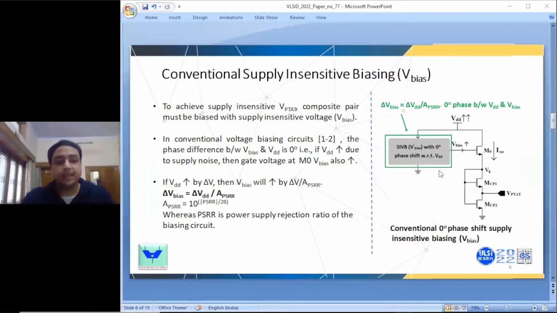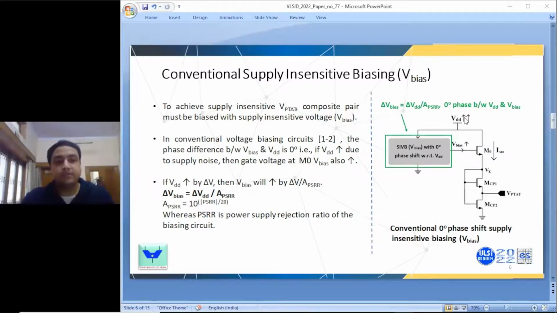Now, for the biasing circuit, what the previous or conventional techniques do is bias this NMOS so that, given the supply rejection of this circuit, if VDD increases, there will be a small increment in V bias. Taking an example, say the supply rejection ratio of this circuit is 60 dB.